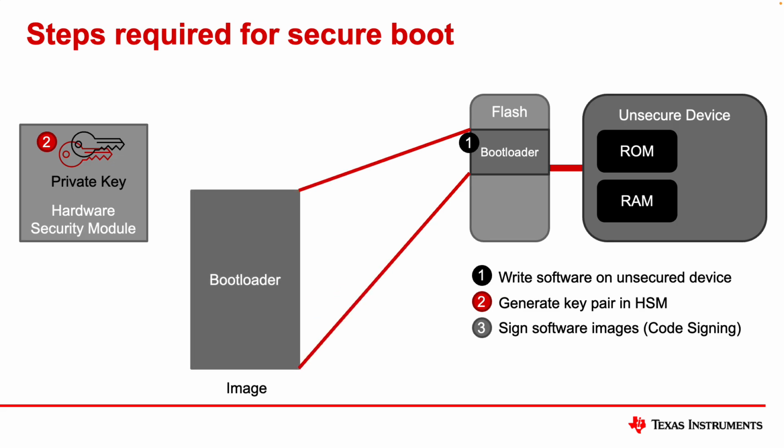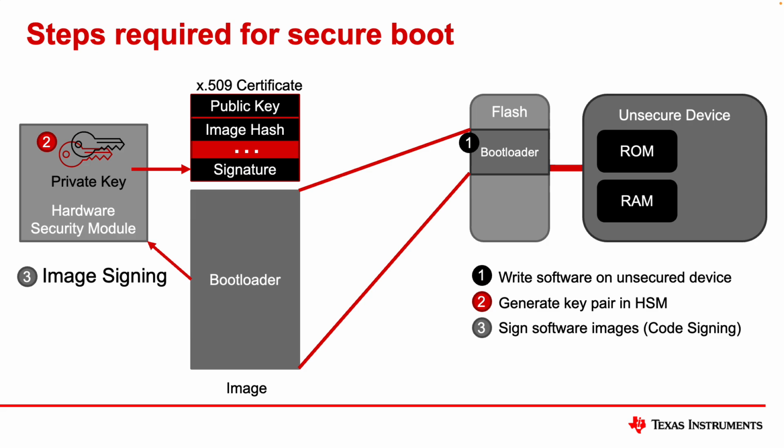All right, so we take information about our image, namely the hash, which is the most important. That's going to keep track of whether this is the image that I want to allow to boot on my systems. Take the hash of that, pass that through the private key, and write that as a digital signature on an X509 certificate, which is an industry standard.